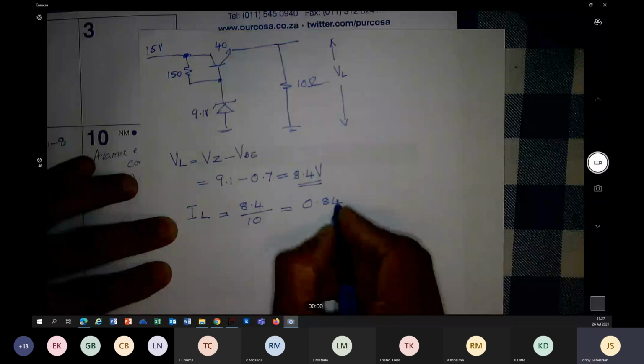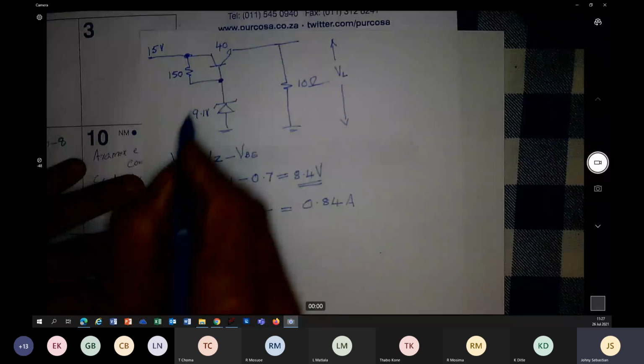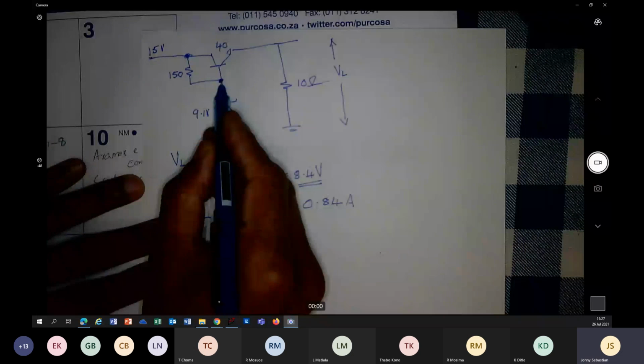What else do we need? Voltage at that point is still the same, VI unregulated. Voltage at this point is the same 9.1 volt, because we have a Zener diode.